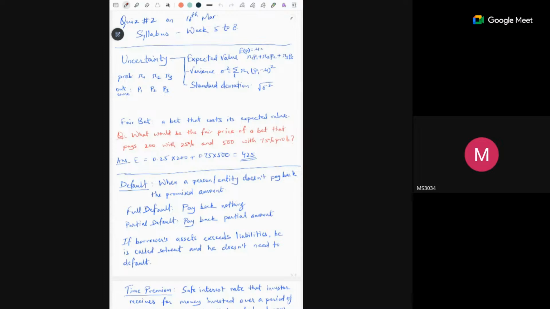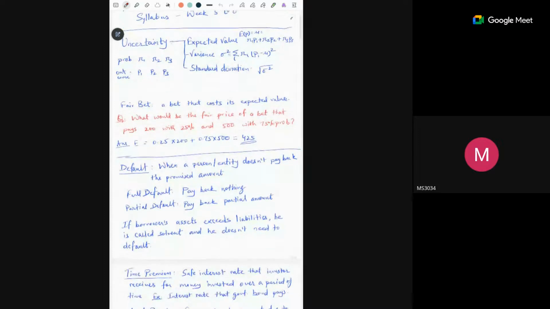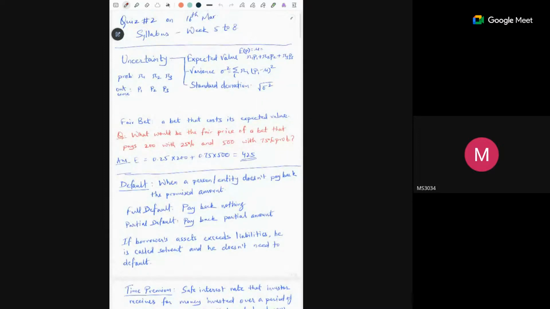For example, there are three possible states with different probabilities pi 1, pi 2, and pi 3, and outcomes p1, p2, p3. Then from our statistics knowledge we know that we can calculate the expected value, variance, and standard deviation, which are straightforward outcomes of our statistics class.